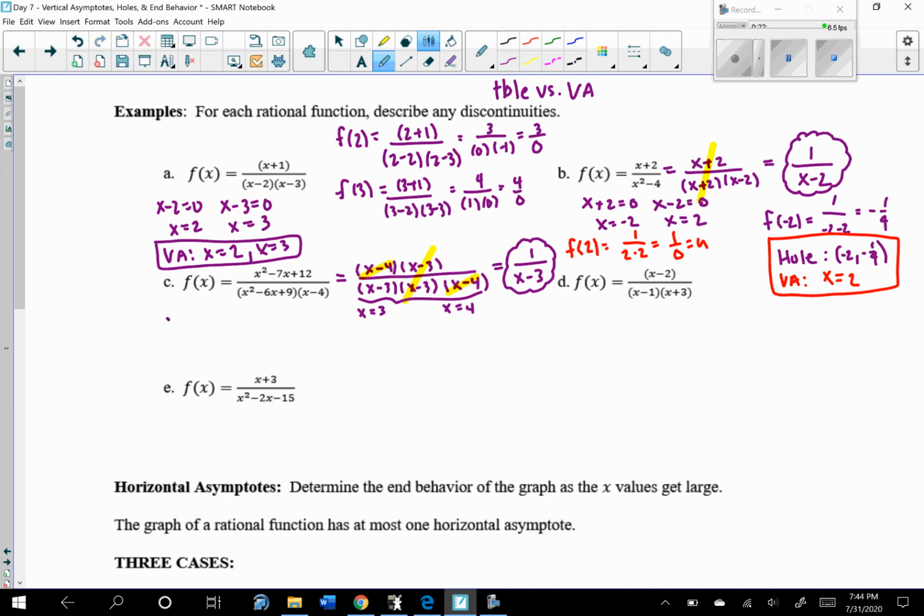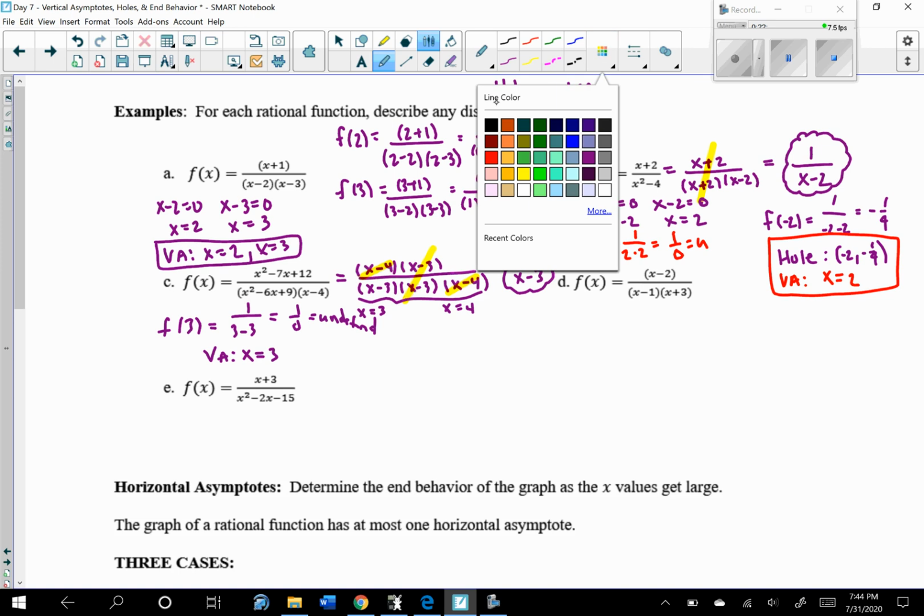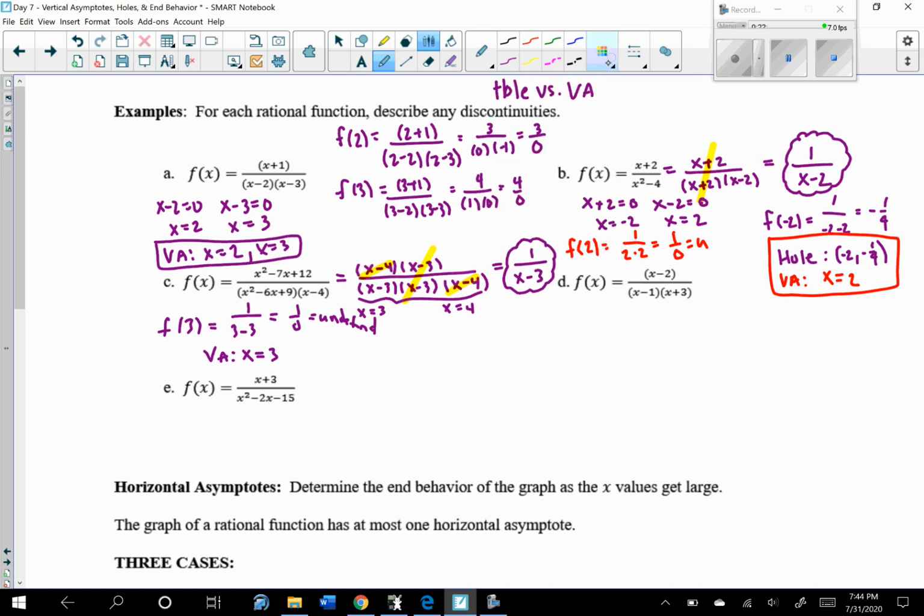So f of 3, in my simplified answer, I get 1 over 3 minus 3, which is 1 over 0, which is undefined. So that tells me that we have a vertical asymptote at x equals 3. So now let's go ahead and test the other value.